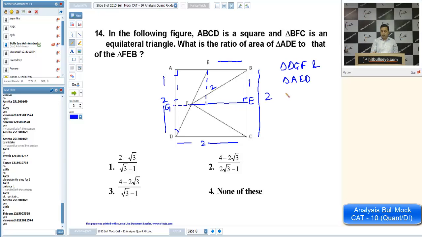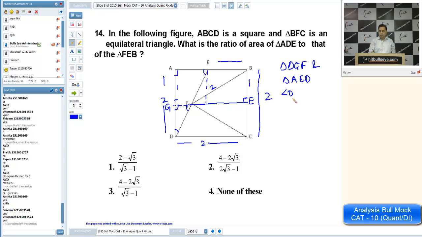In these two triangles, angle D is common. GF is parallel to DC, so this angle is 90 and this angle is also 90, so these two angles will be equal. So can I say that these two triangles DGF and AED will be similar?